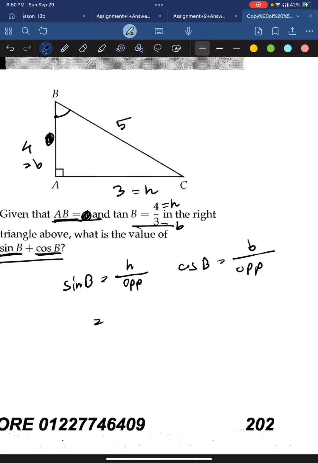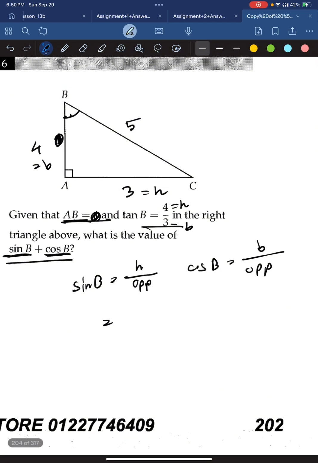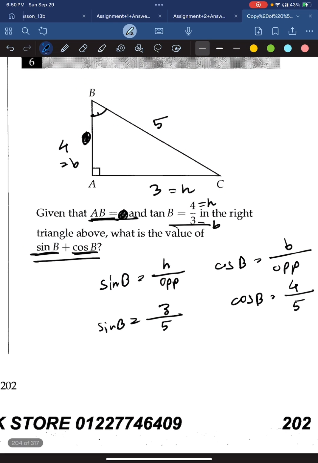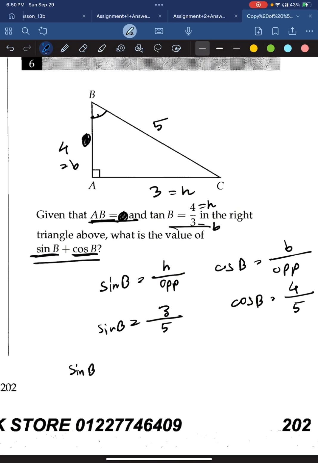We always consider height as the opposite of the angle. So height is 3, and the opposite is 5. What's cosine of B? It's base, so base should be 4 and opposite should be 5. So what's sine B plus cosine B? It's 3 over 5 plus 4 over 5, which is 7 over 5. That's the answer.